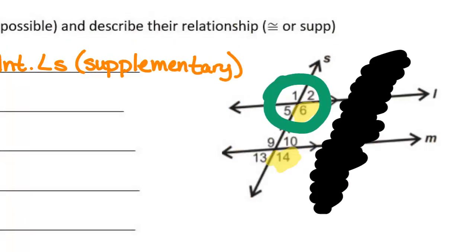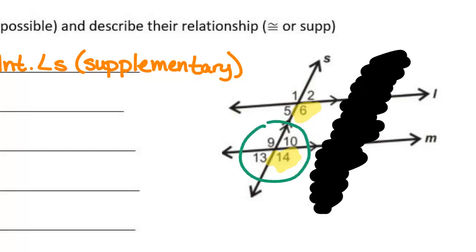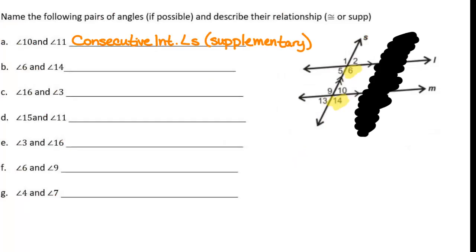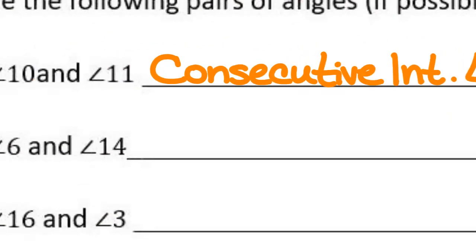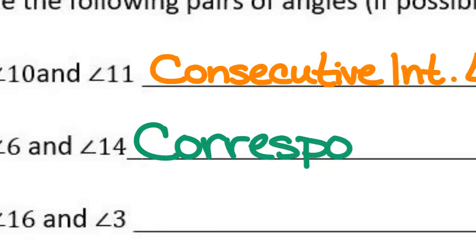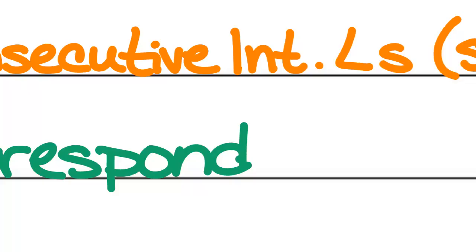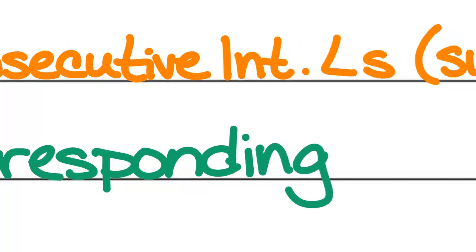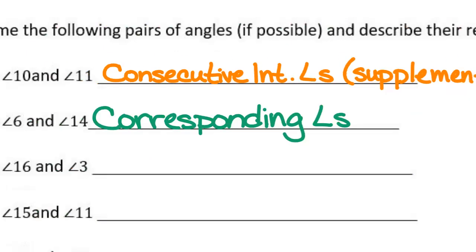What corner is angle 6 in? Bottom right. What about here? Bottom right. Since they are in matching corners, what do we call them? Corresponding angles, yes. Are corresponding angles congruent or supplementary?